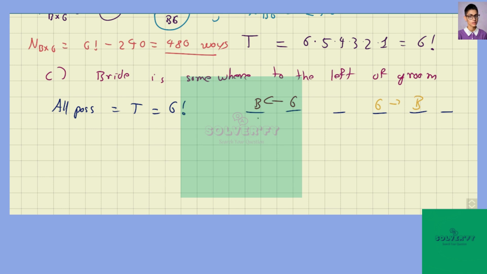So basically, in this same position, we can change them, so G and B. And technically, because we're counting here all the possibilities, half of them are going to be when the bride is to the right, and half of them are going to be where the bride is to the left of the groom. So we just need to take half of that number. So we need to take 6 factorial divided by 2. And this is equal to 720 over 2, and this is just 360 ways.